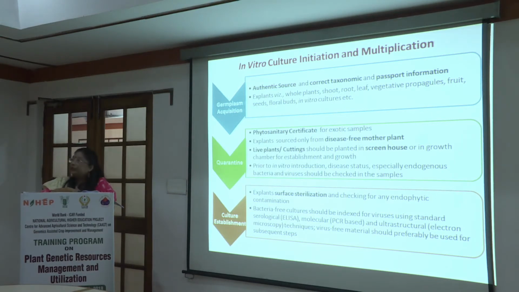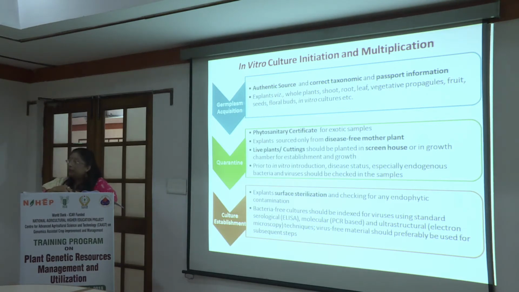And this material can be acquired either as whole plants or a part of the plant, a shoot, a root, a leaf, or the vegetative propagules, tubers, bulbs, etc. And it can also be in the form of fruits, seeds, and even floral buds, or even as cultures. So in any form, depending on the species, we can acquire the material and start processing for the in vitro gene bank.